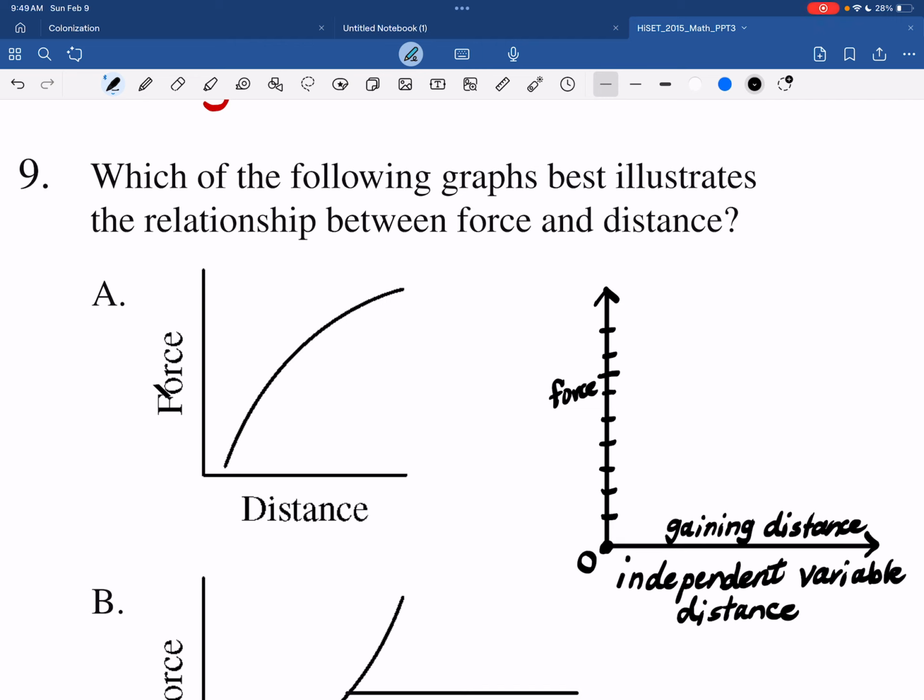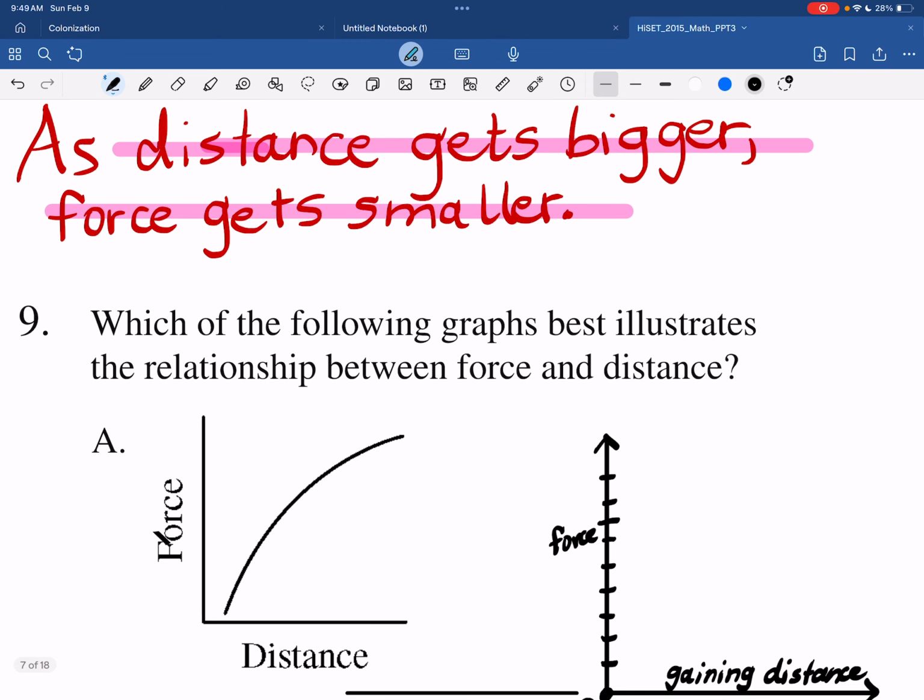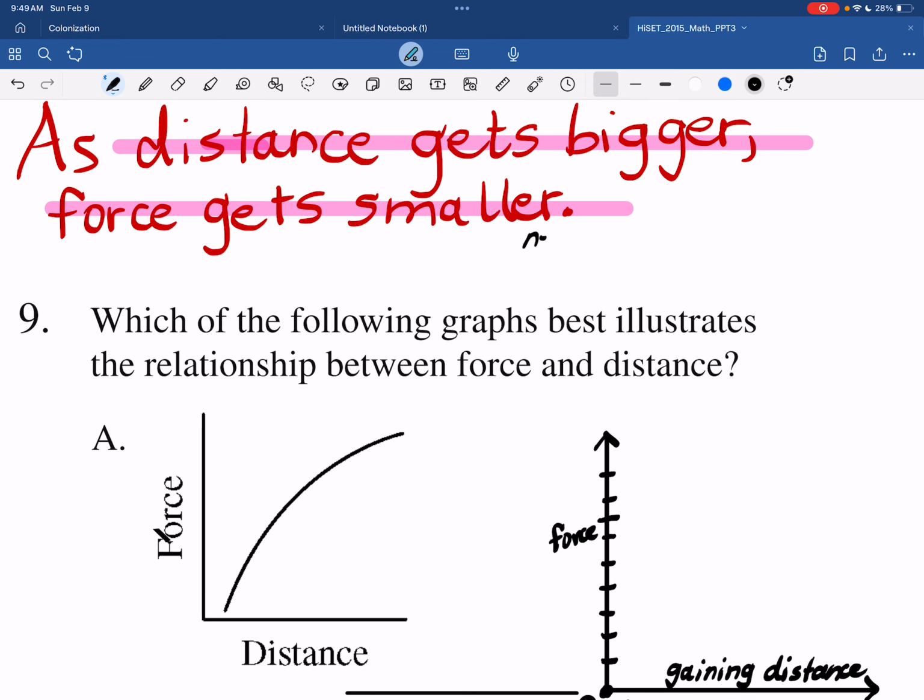I may be making this worse. I probably should just do the problem. But here's the reasoning: as the distance gets bigger on the x-axis, the force is going to get smaller, and that is a negative slope. So we're looking for something that is negatively sloped.